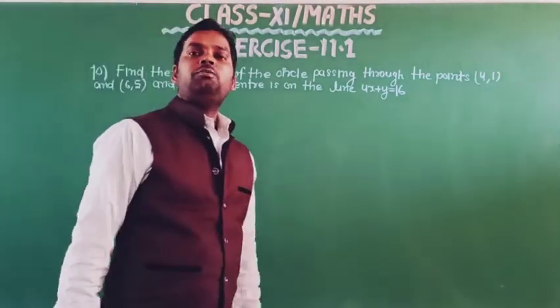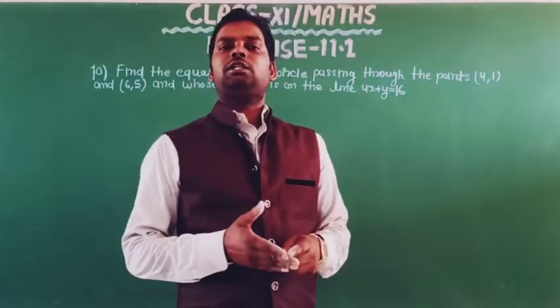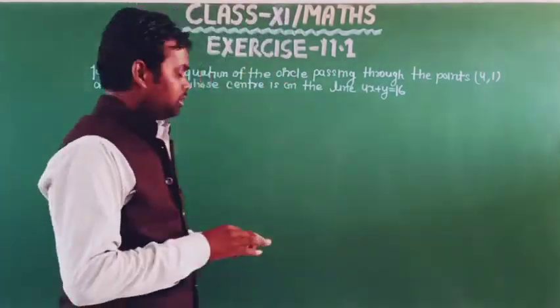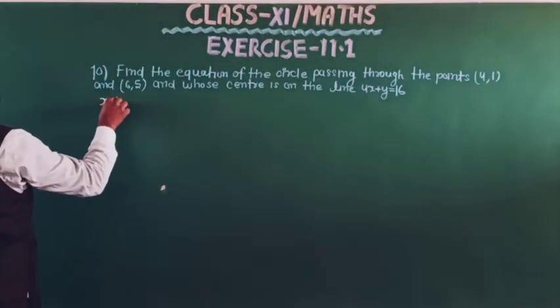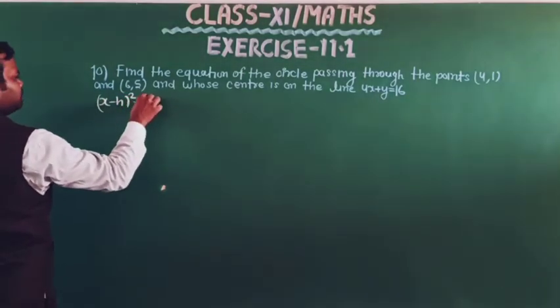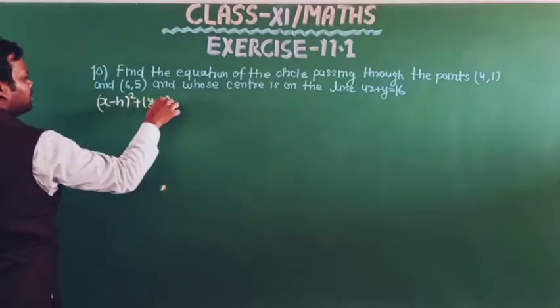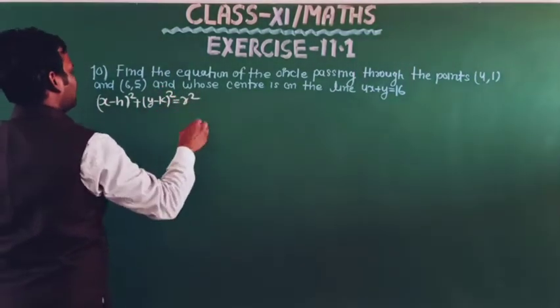So, dear children, we know the equation of a circle with center (h, k) and radius r is given by (x - h)² + (y - k)² = r².